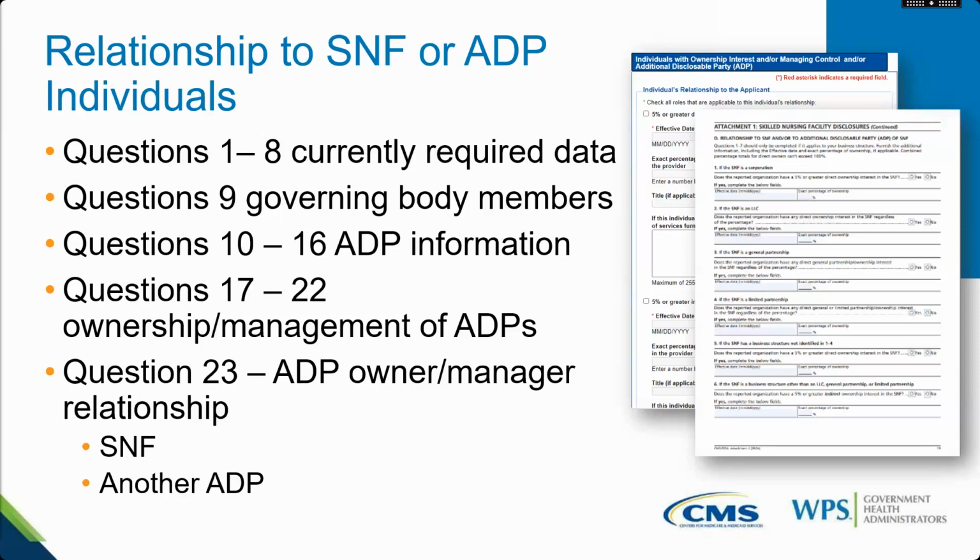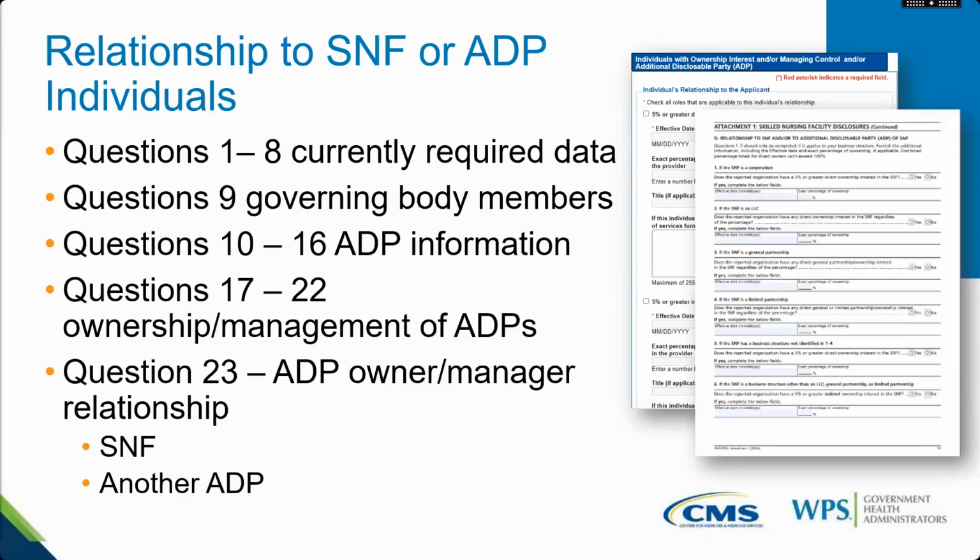It'll ask if the ADP is other than, and it'll list some different structures, identifying them as a governing body, and then it will instruct for further questions if there is a governing body that is not, say, a corporation. Questions 10 through 16, again, we're really digging into that ADP information and wanting to know what types of services are provided to the SNF.